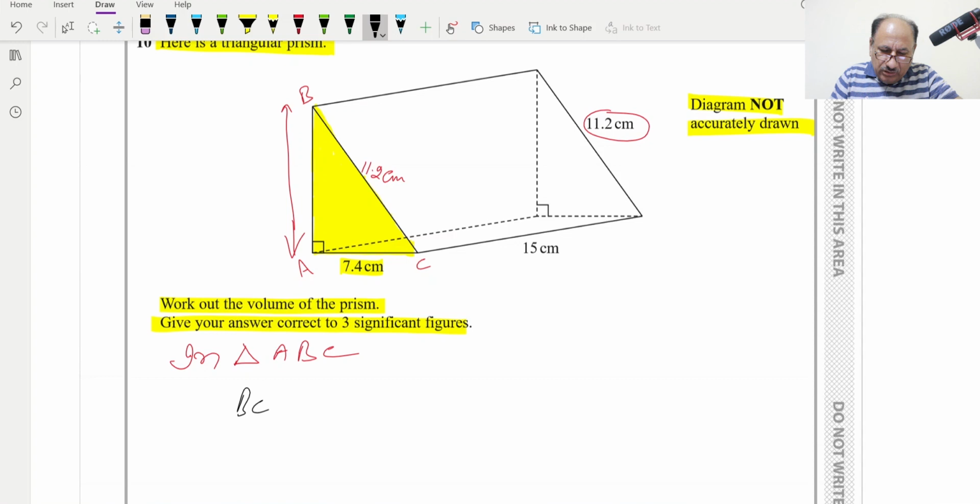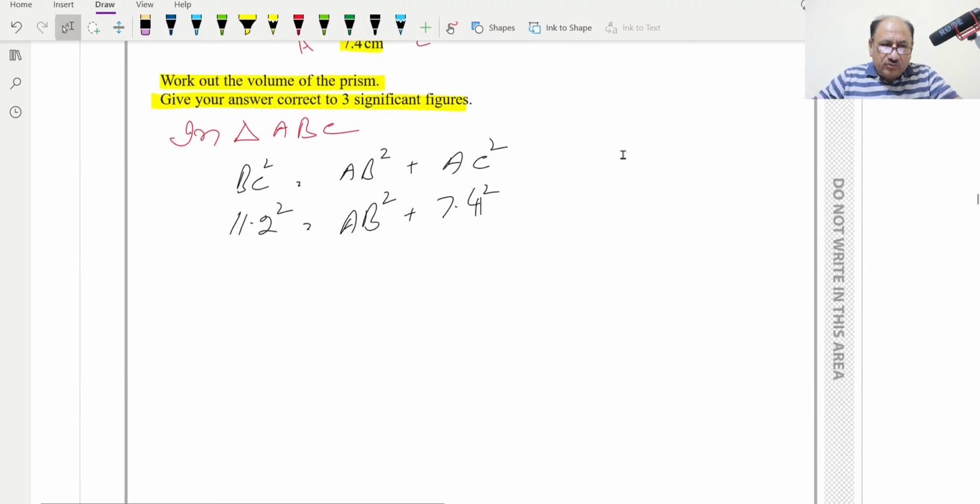So BC squared will be equal to AB squared plus AC squared, and BC is 11.2. So 11.2 squared is equal to AB, which is required, plus AC, which is 7.4 squared, and we can find this value.